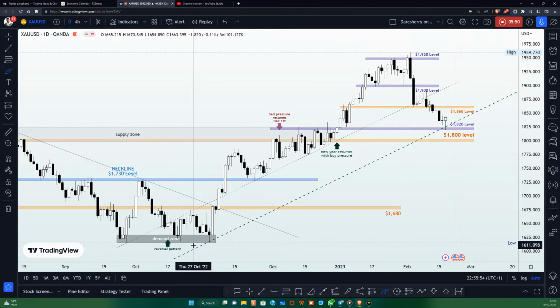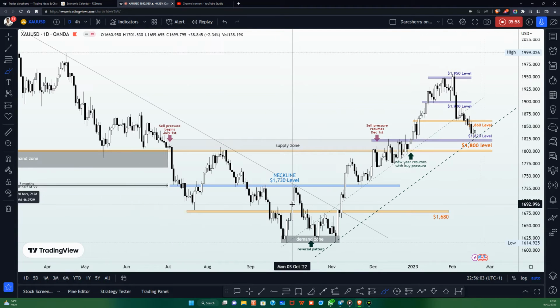And before going into the details of this current structure, I would like to refresh our memories on what has been really happening in the XAUUSD in the last 12 to 14 months thereabout.